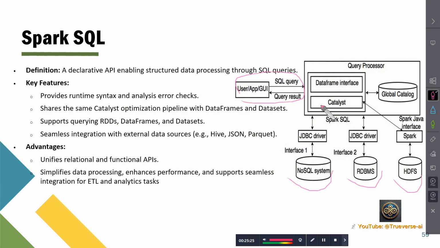You can manage all other query, SQL query based through the Spark connection. So that is good. This is providing runtime syntax analyzing, error checking.